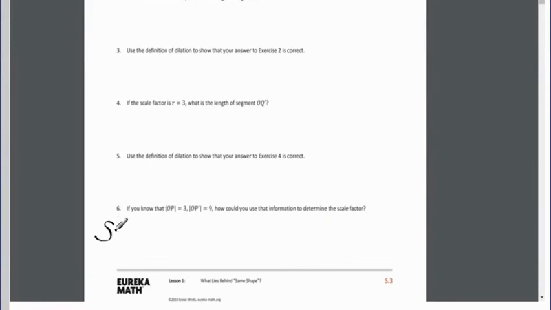So if you were given both things, to find the scale factor, all you have to do is take the new and divide it by the original. So now we have to decide, how do we know which one's the new one and which one's the original?